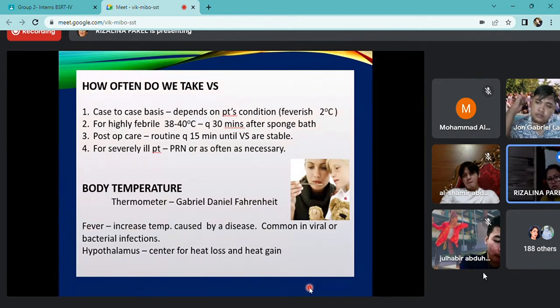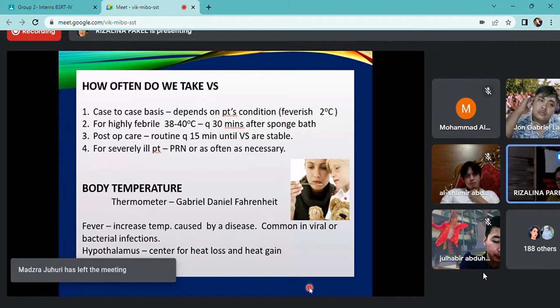The body temperature. O lumabas ito si Gabriel Daniel Fahrenheit. Of course, siya yung nakadiskubre ng thermometer. And we know that this fever with increased temperature, of course, is caused by a disease. Common na ito in viral or in bacterial infection. And with this vital signs, body temperature, lumabas dun sa board exam yung hypothalamus, which is the center for heat loss and heat gain.